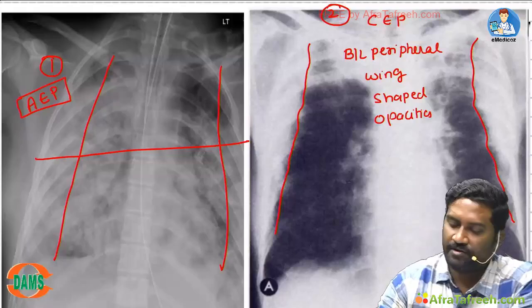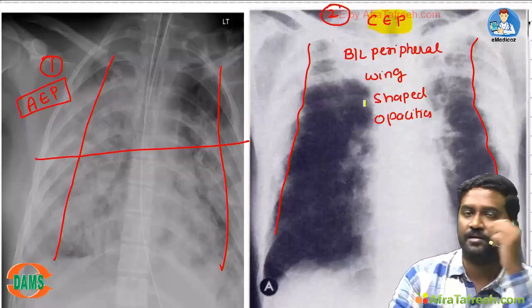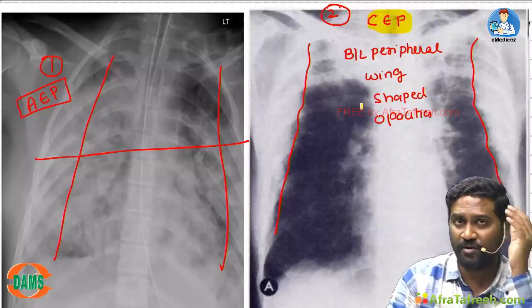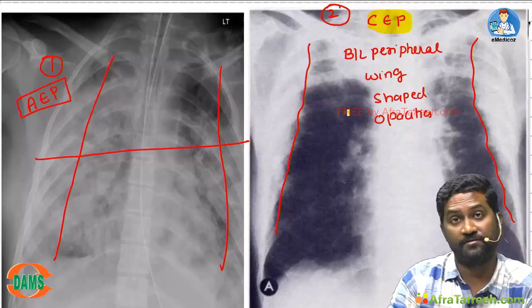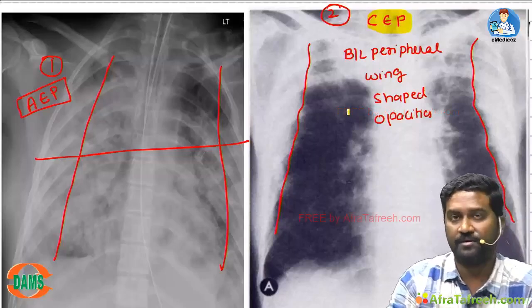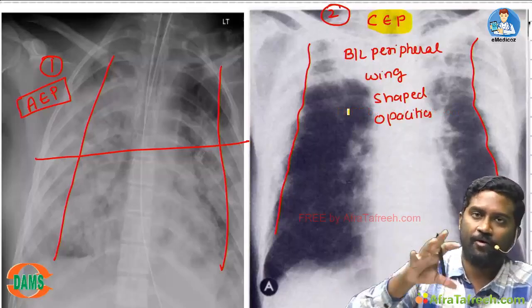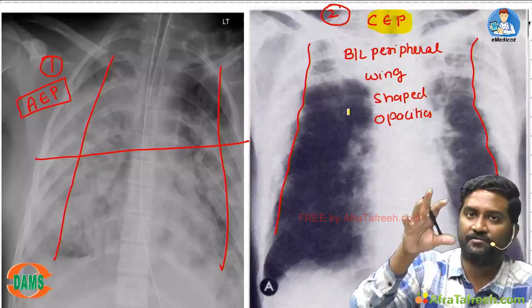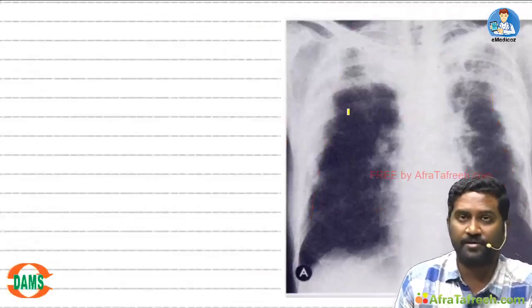But these radiologists, they don't want to keep it simple. They don't want to just call it peripheral wing shaped opacities. They decided to complicate. So one radiologist found out that wing shaped opacities are also seen in which condition? Cardiogenic pulmonary edema.